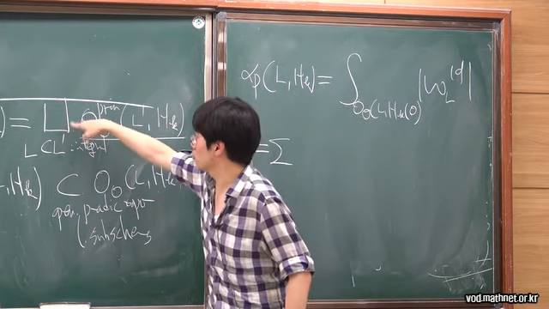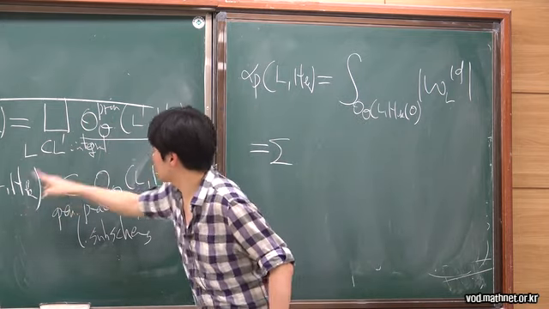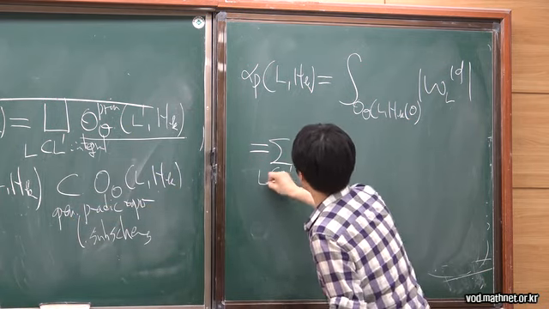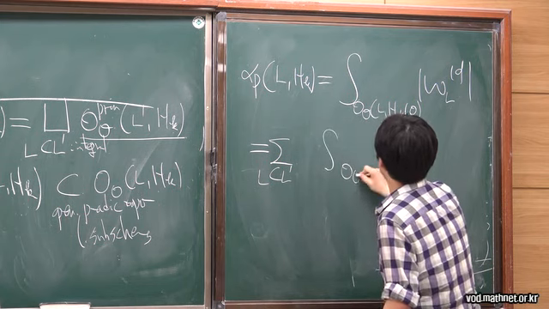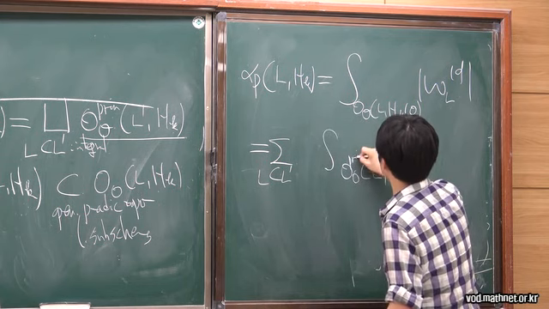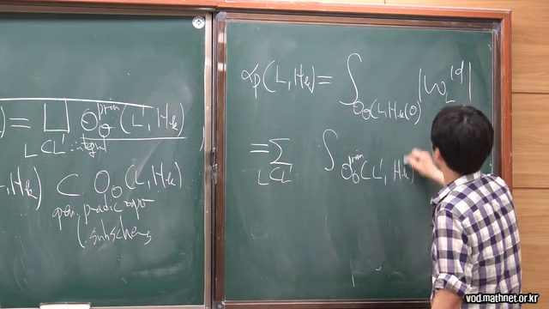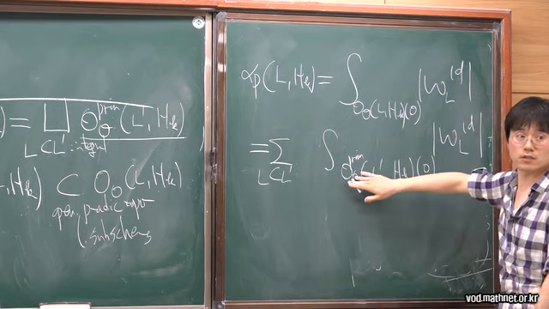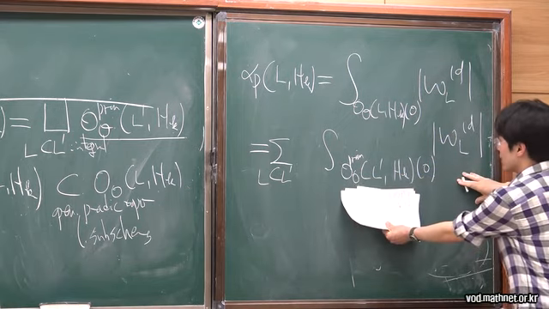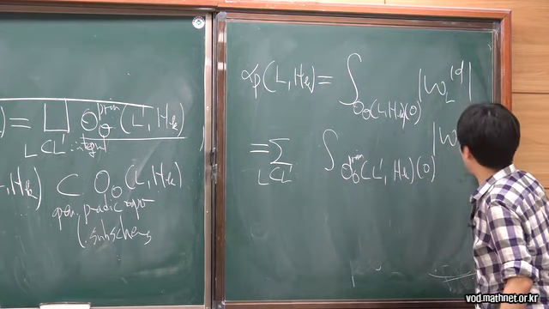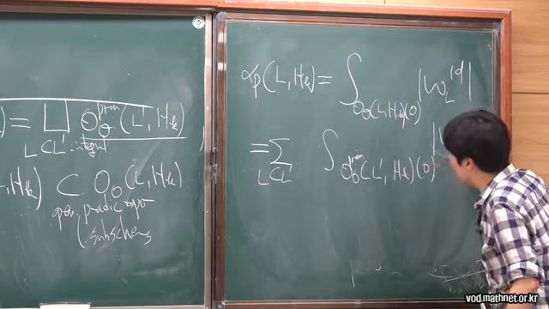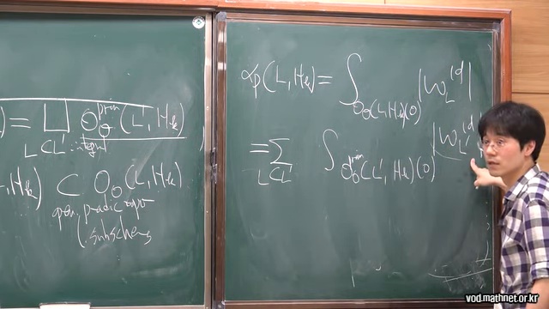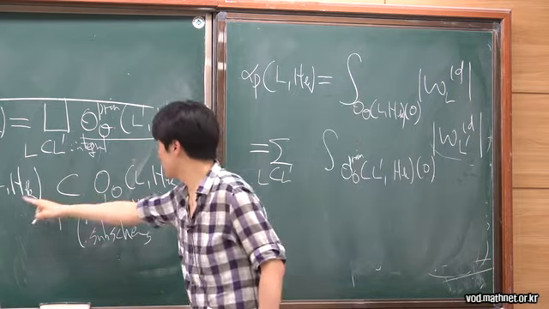Since this is a disjoint union and each set here is open in terms of the p-adic topology, I can write this as O primitive (L prime, H_K)(O) and W_L. Okay, so this is just trivial, right? But this is not that good because I have a volume form associated to L, but this is a set associated to L prime. So I have to replace this by L prime. Okay, we can do that because this is actually an open subscheme of this.